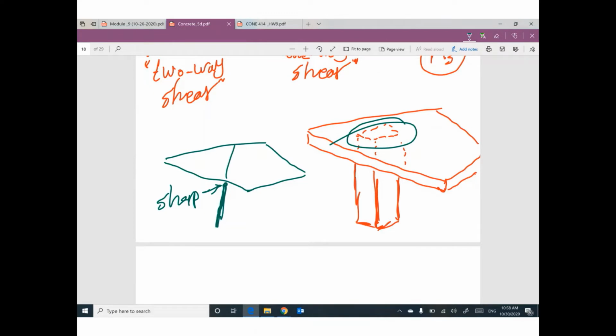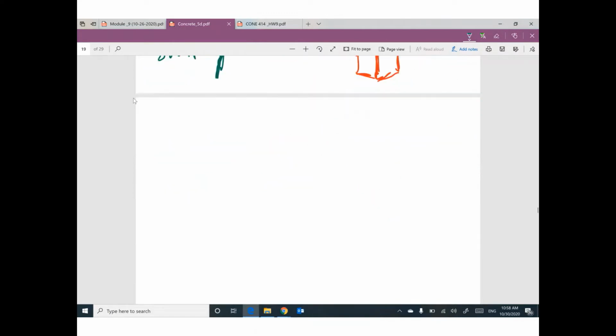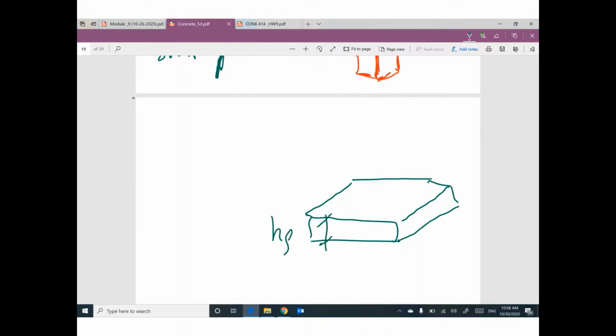The same issue for footing. You have a footing with thickness H footing. This footing is supporting a column. We can expect punch. Punch means the column will move this part of the footing down, and the soil will move the outer part up.